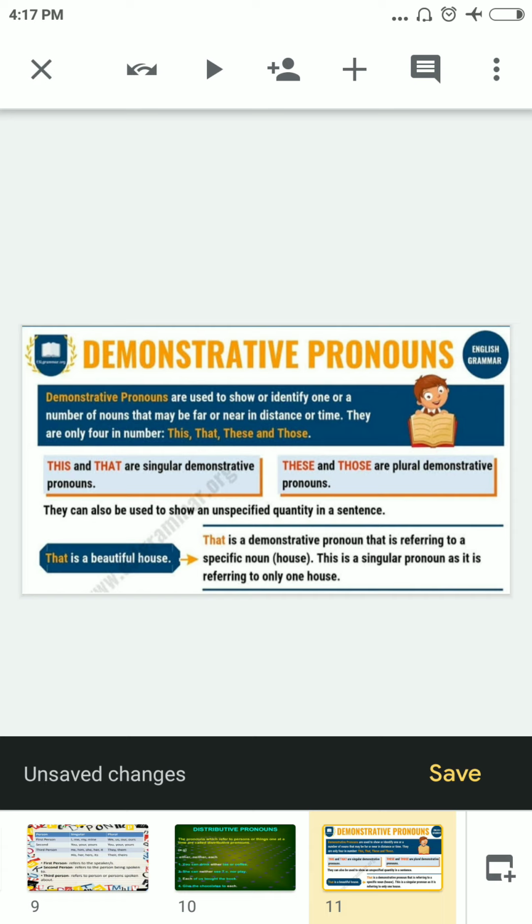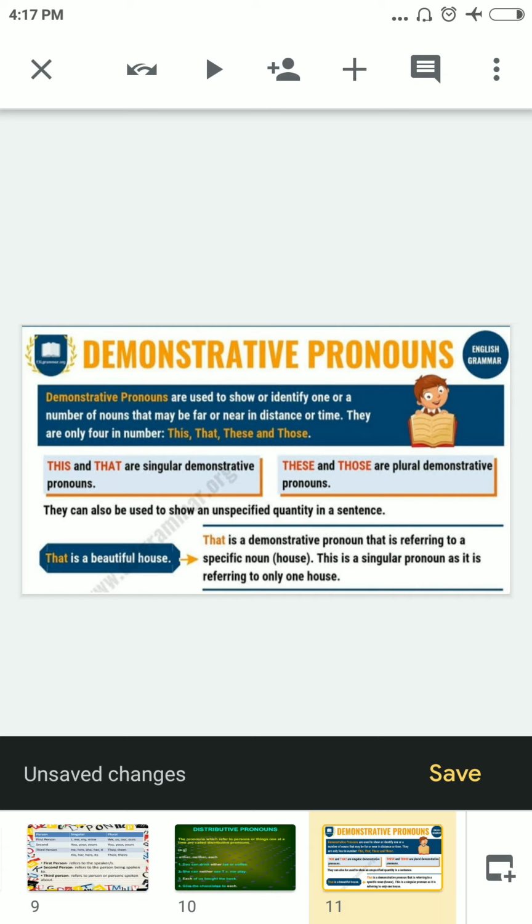If the thing is far from us and it is singular, then we are going to use that. If the things are plural and they are nearer to us, then we are going to use these. And if the things are plural, meaning more than one, and they are far from us, then we use those.